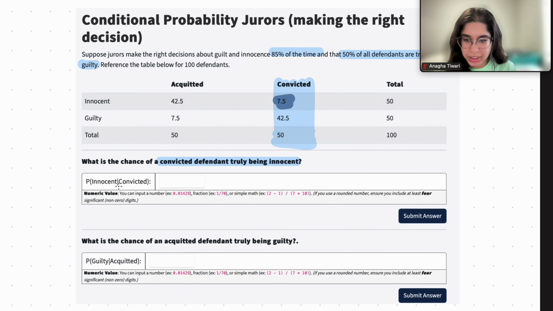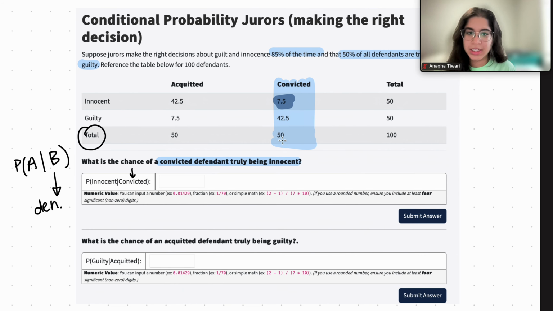So for the probability of innocent given convicted, you really need to look at the given statement. If it's probability of A given B, the B event is the denominator for our final probability here, right? So if we have probability of innocent given convicted, the total of convicted individuals is 50.